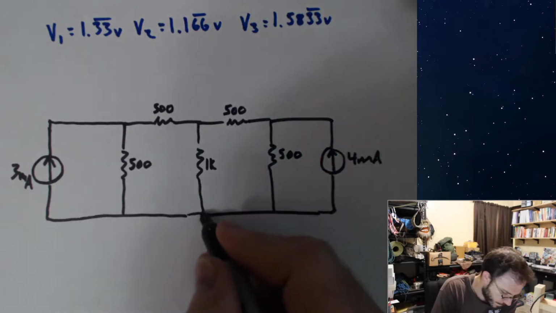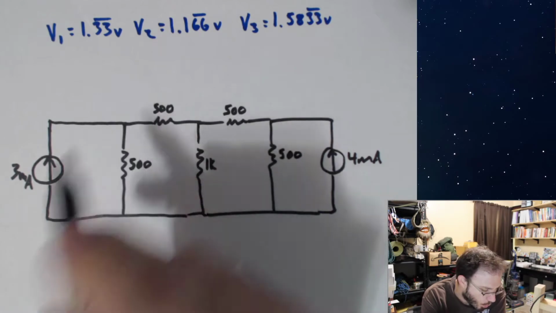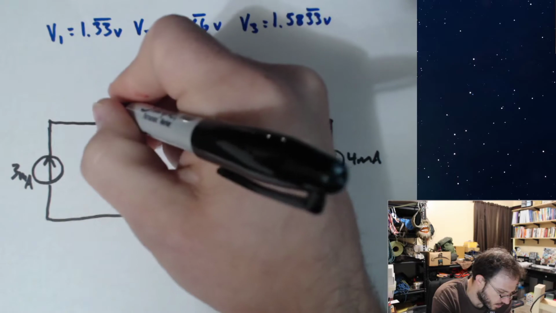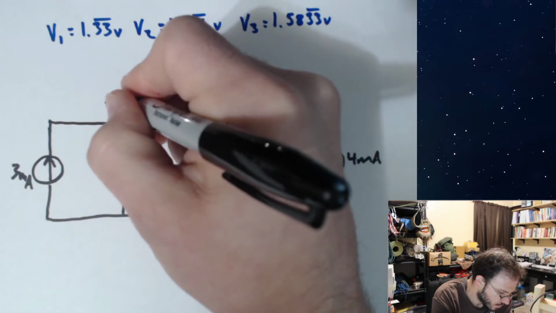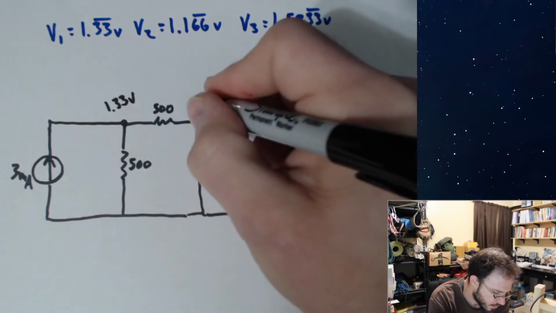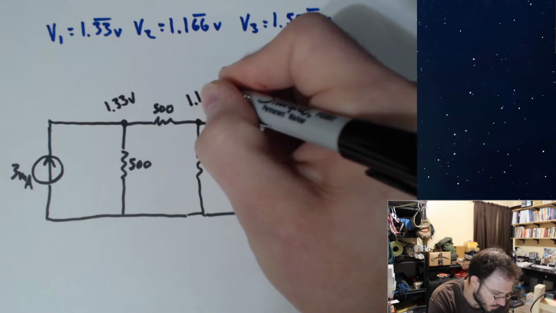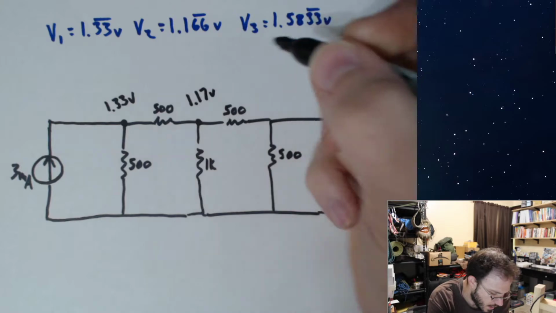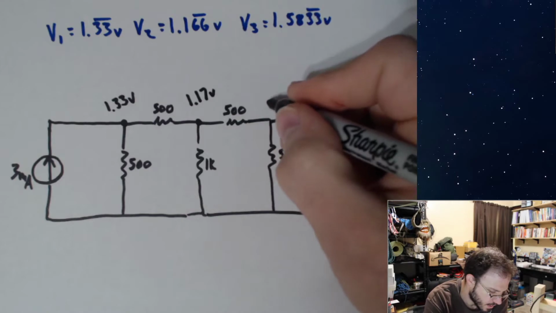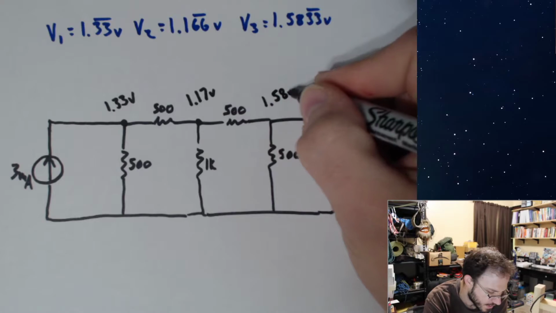Cool. Okay. Now over here was our V1. Over here was our V2. And I'm just going to round each one of these out to 2 decimal points. And our V3 was 1.58 volts.